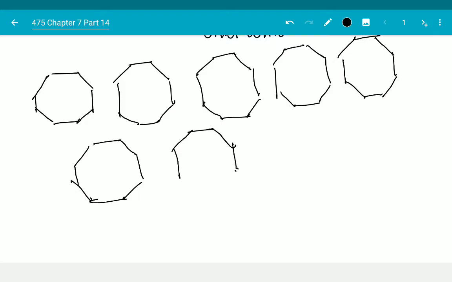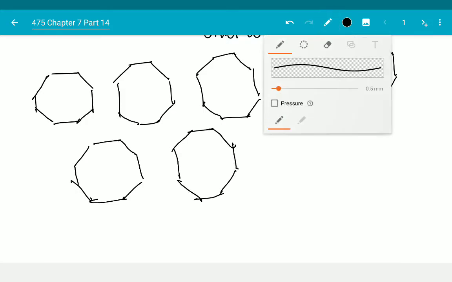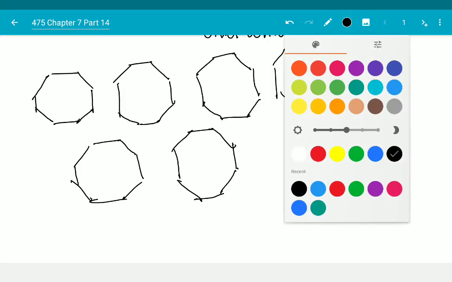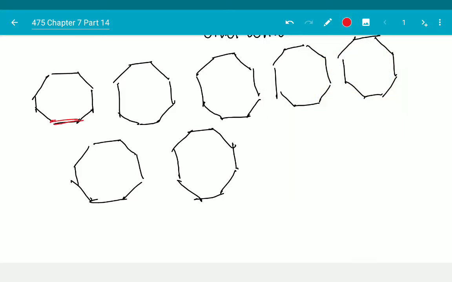I'm drawing these because I know what it is going to be like. And in each of these cases, I have designated my bottom side to be my base.